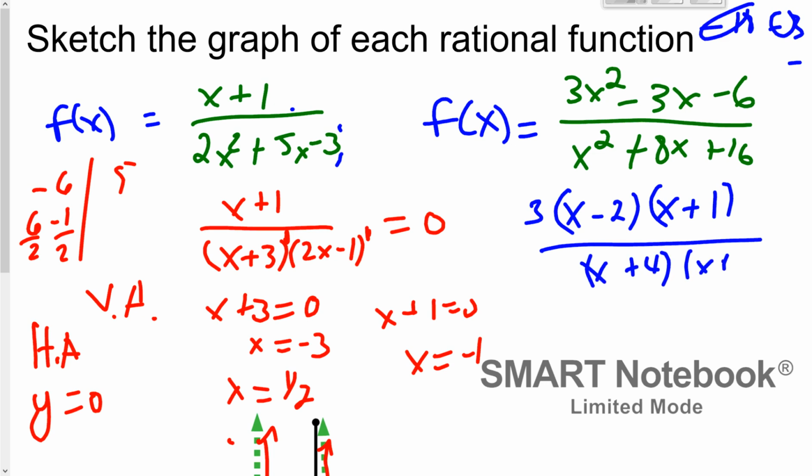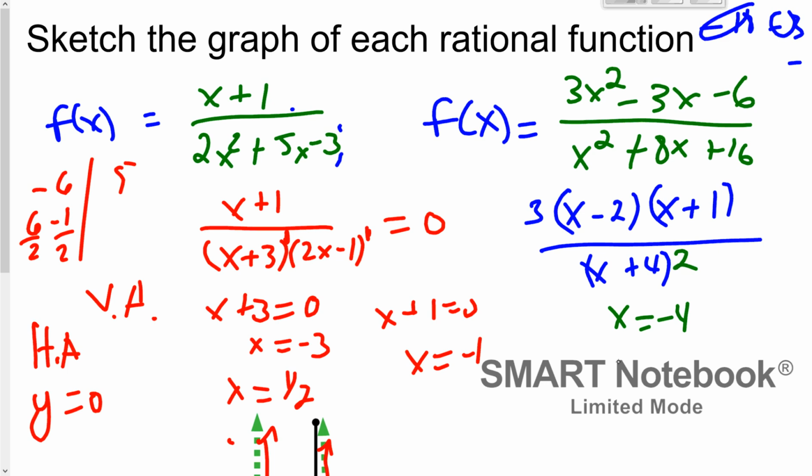x +4. So nothing cancels here, so that means these denominators, when you set them equal to 0, will be vertical asymptotes. So x equals -4 is a vertical asymptote. And I could rewrite that as x +4 quantity squared, right? So that means I have a multiplicity of 2 right there.